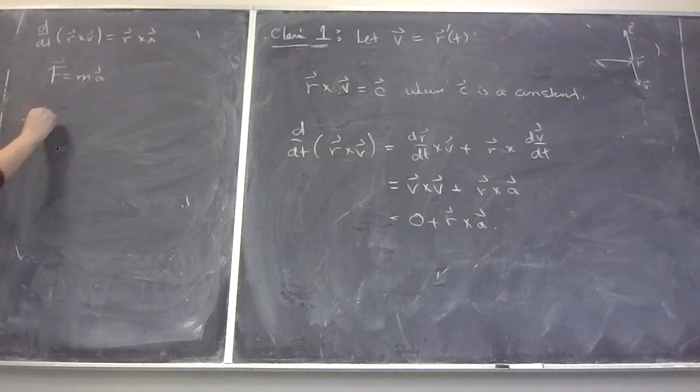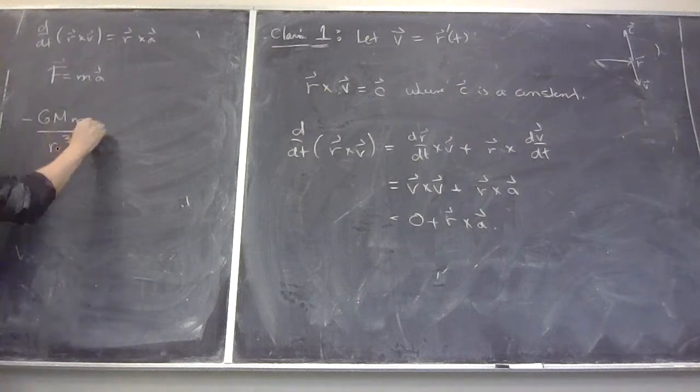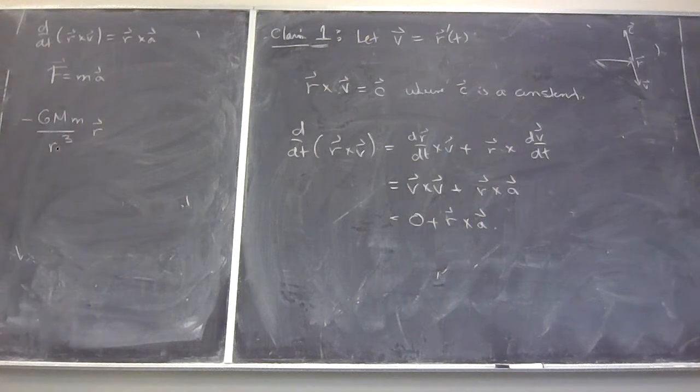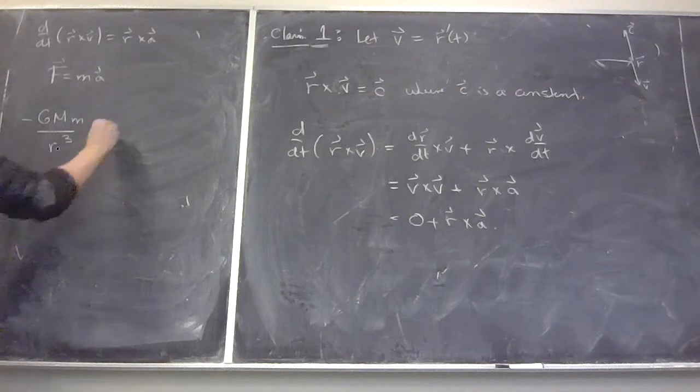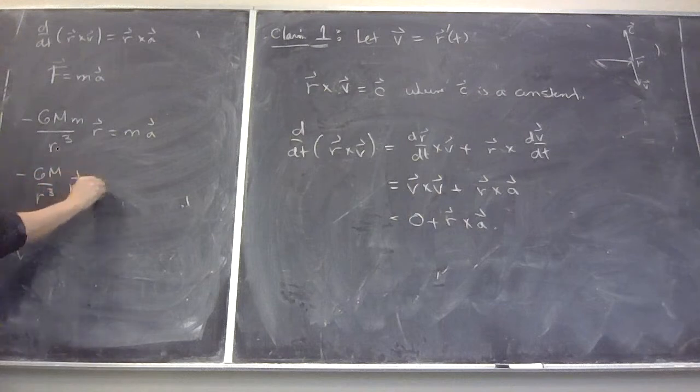So this is minus GMm over, let's see, which version do I want here? I want the r cubed version with the r vector in it. That's the force between the sun and the planet, right? Is equal to m times a. Well, the little m's cancel. That's nice. But what do we get? Minus GM over r cubed r is equal to a.